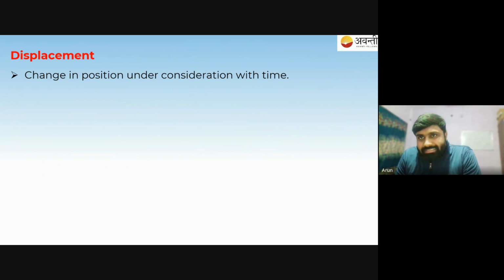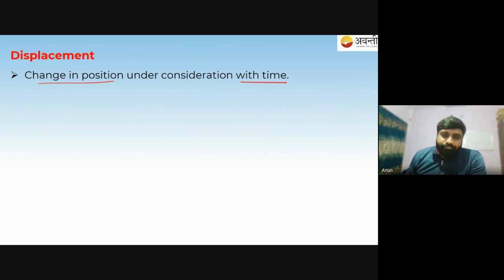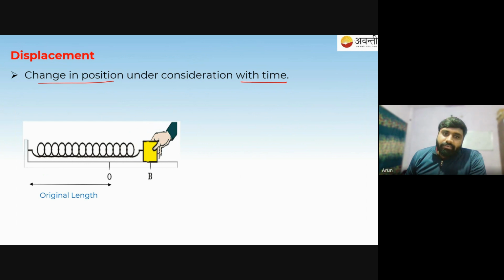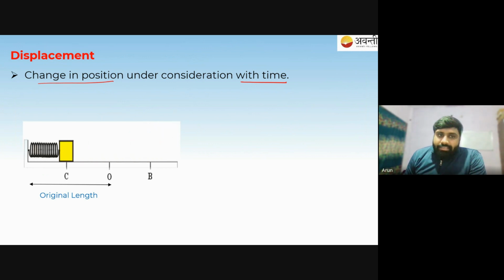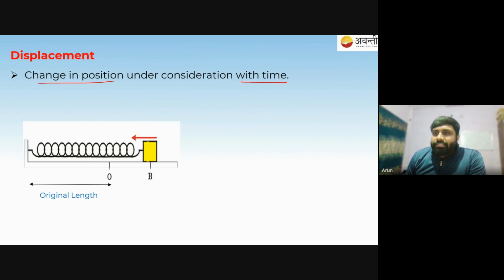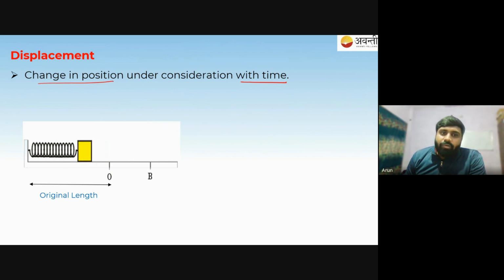Now you can say change in position under consideration with time. Here in SHM also we will take the position as a function of time. As the time changes, the position of this block is changing. So we can say the displacement of this block is related to time.